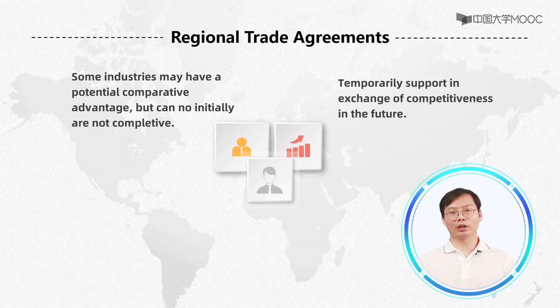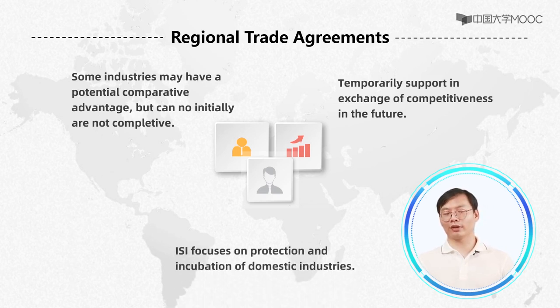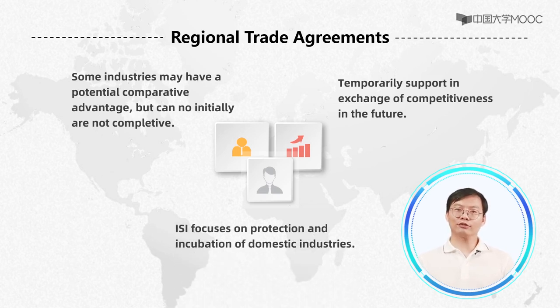Second, to allow these industries to establish themselves, the government should temporarily support them until they have grown strong enough to compete internationally. Third, ISI policy focuses on the protection and incubation of domestic industries.